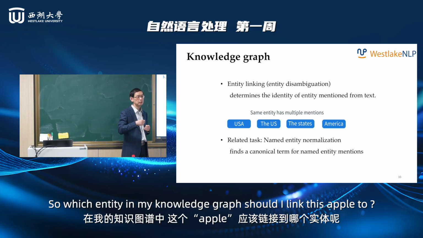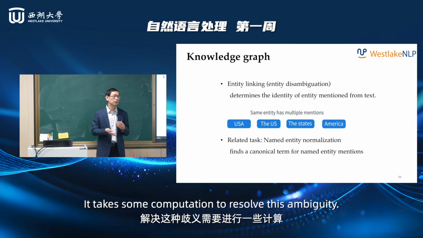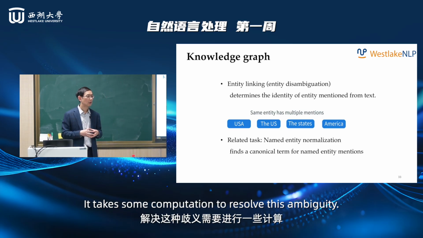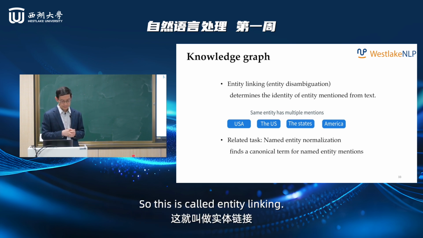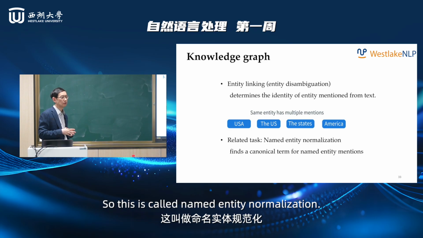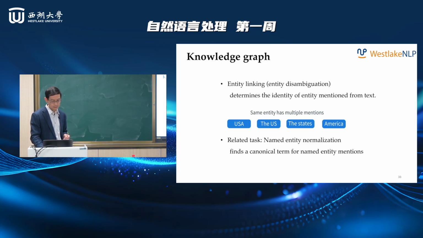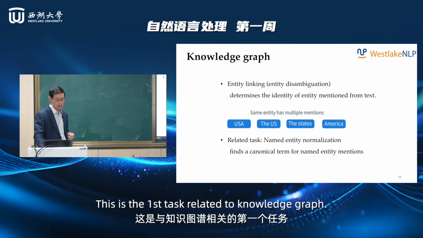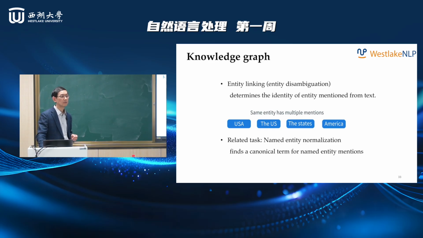So which entity in my knowledge graph should I link this apple to? It takes some computation to resolve this ambiguity. So this is called entity linking. Or we can normalize the named entity into a canonical mention. So this is called named entity normalization. All right, this is the first task related to knowledge graph.